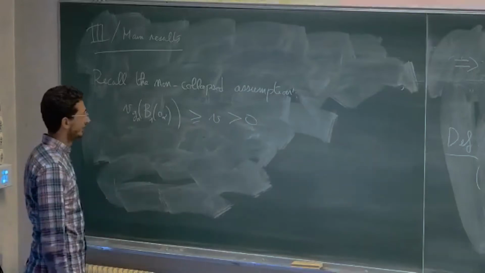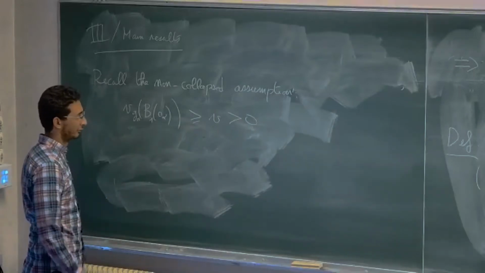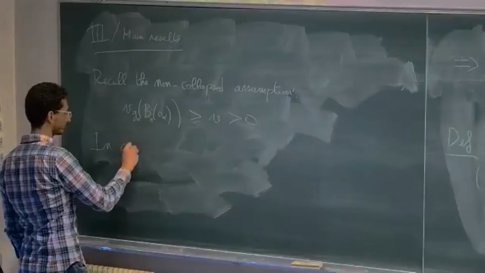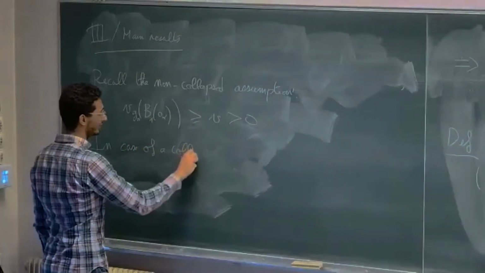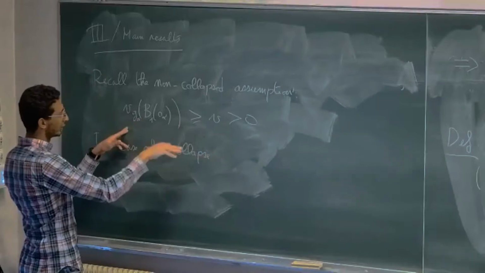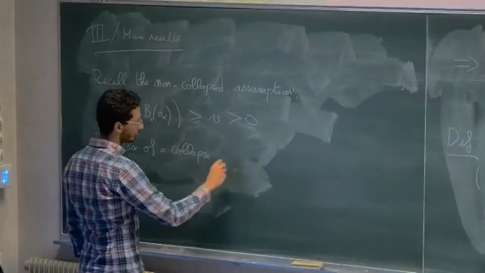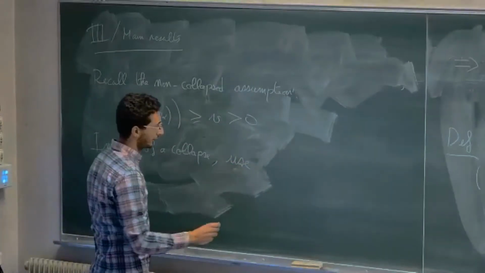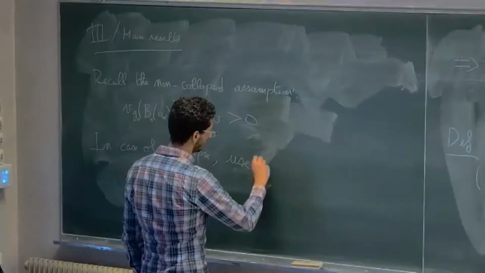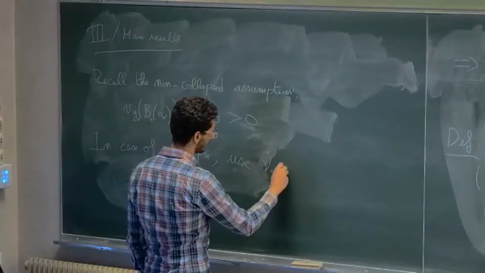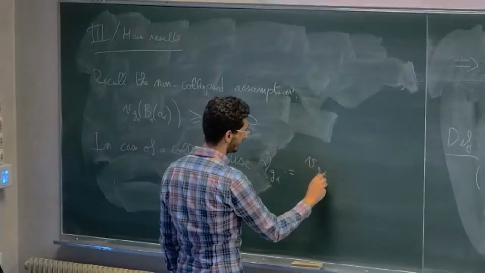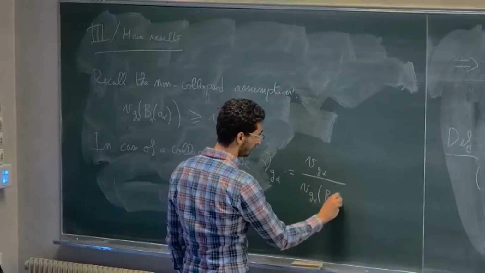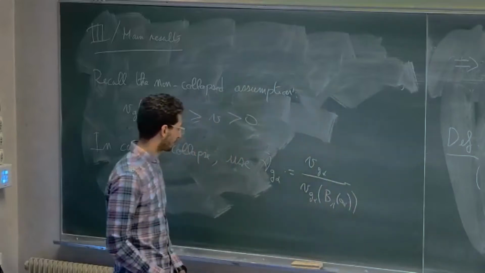In that case you are fine with the measure. In case of collapse, where this quantity goes to 0 as alpha goes to infinity, we renormalize the measures: instead of the volume measure, we use the volume measure divided by the measure of the ball centered at O alpha.